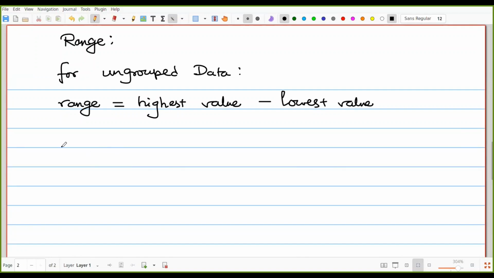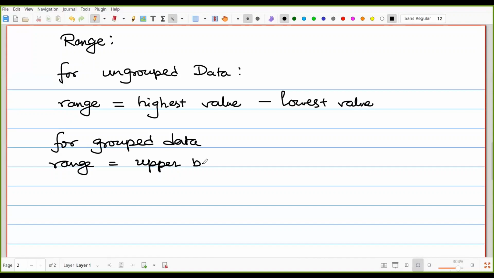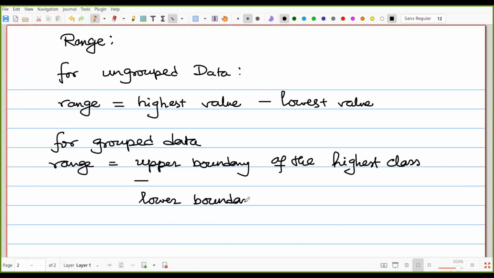And for grouped data, range equals the upper boundary of the highest class minus the lower boundary of the lowest class.